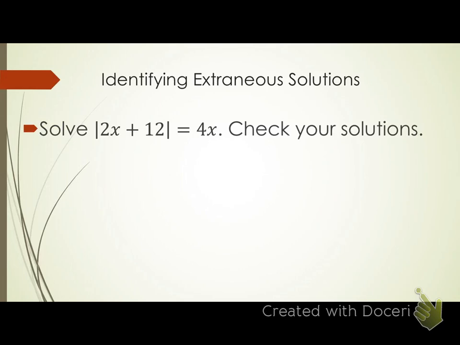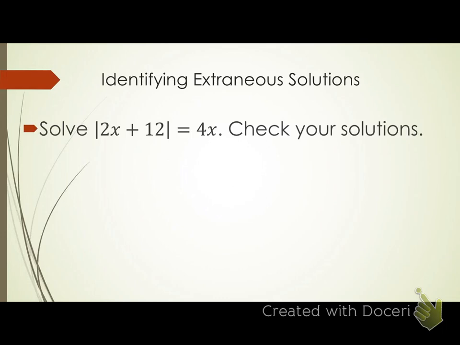First off, is my absolute value completely by itself? Yes, there's nothing added to it, subtracted from it, multiplied by it, or divided by it. Is my C value greater than or equal to 0 or less than 0? We technically don't know here because we have x as our C value as well, but we're going to assume it's greater than or equal to 0 and set up our two equations.